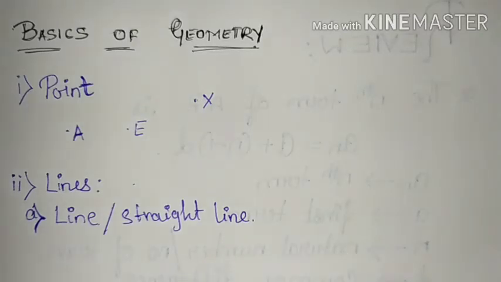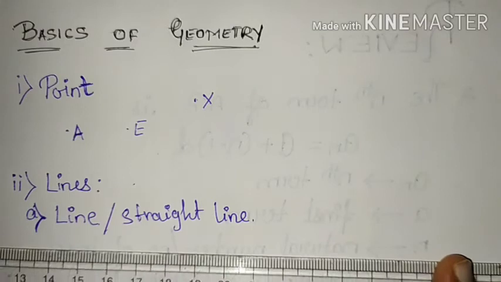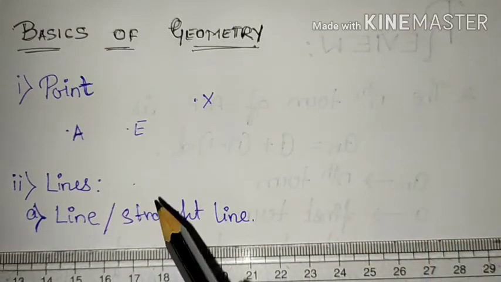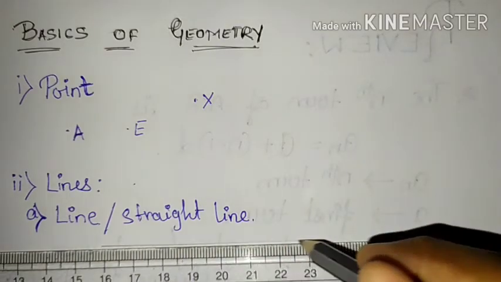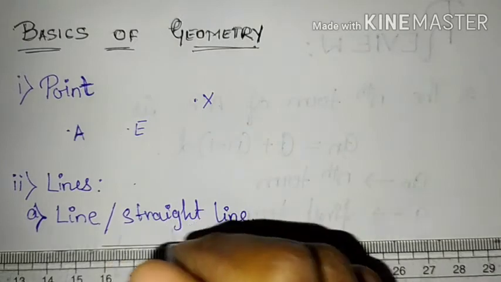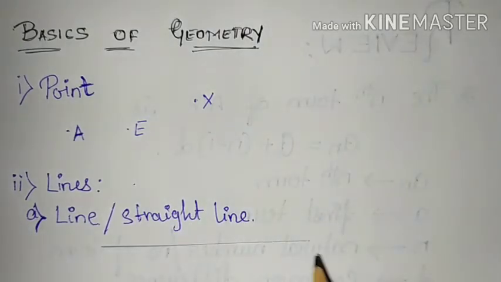In a straight line we represent it by drawing it like this. This is a straight line. And also whenever we say it is a line, we have to attach two arrows at the end. These arrows represent that the line can be extended in both the directions indefinitely.